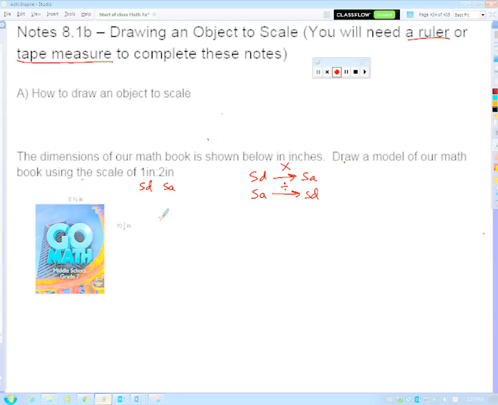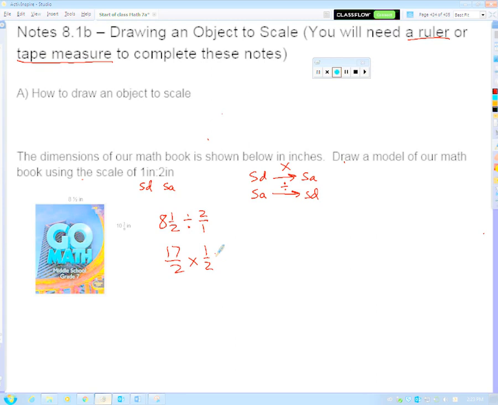So let's take our 8 1/2, and we're going to divide that by 2 inches. We got to make it fractions, so 2 over 1. Alright, now when dividing fractions, we got to turn this into an improper fraction. So 8 times 2 plus 1, we're going to get 17 over 2. And then we're going to multiply, and remember, we got to flip the second fraction around, so that's going to be 1 over 2.